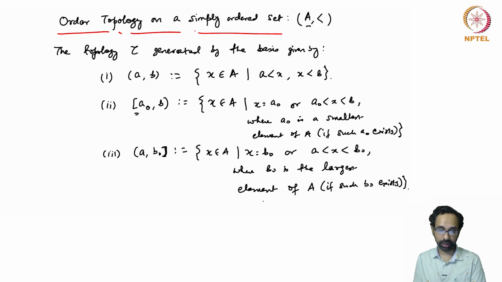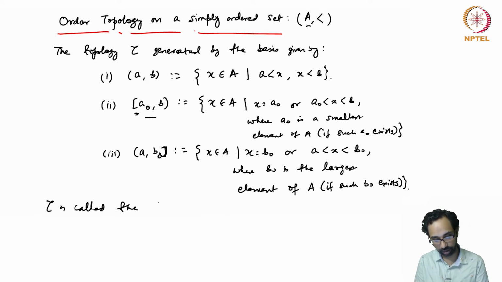So assuming that A has either a smallest element or a largest element, we include these sets in the basis. So this topology tau generated by the collection of all these sets is called the order topology on A.